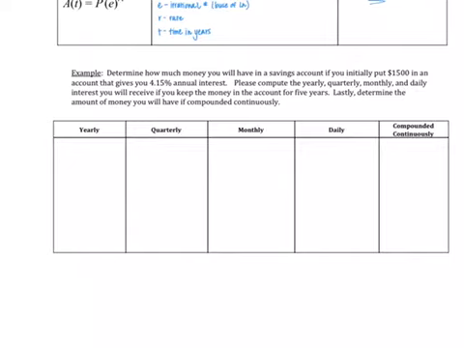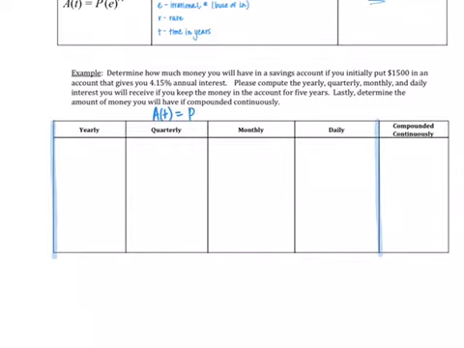So for all of these first 4 boxes, we're going to be using the same equation. And that equation is going to be that middle equation, the A of t, which is essentially your y, but we just call it fancier, amount after time.